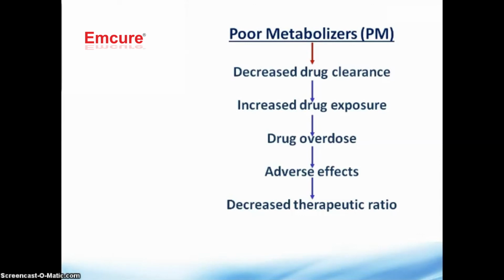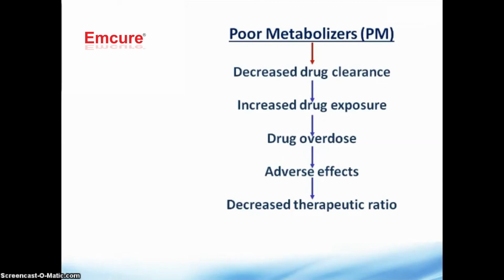If a patient is given a drug like metoprolol, for example, and he is a poor metabolizer, it means he has decreased drug clearance. Once the drug is clearing at a very slow rate, there will be more exposure of the cells and receptors to this drug.